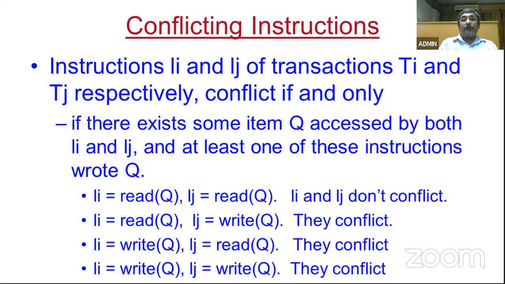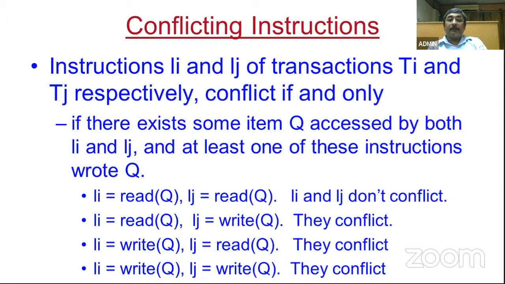Now assume that there are two instructions, in maybe the same transaction or different transactions, and the basic instructions are either read or write. So there are going to be four possibilities: Li is read, Lj is read; Li is read, Lj is write; Li is write, Lj is read; Li is write, Lj is write. Now, if both instructions read, then the ordering does not matter.